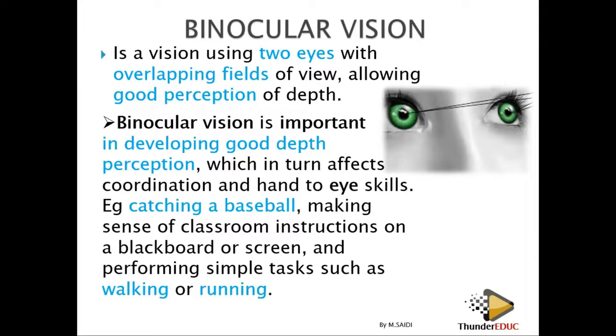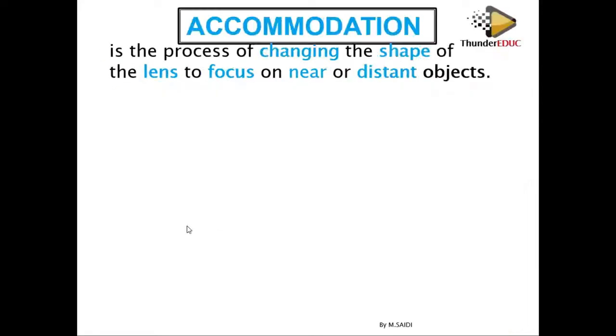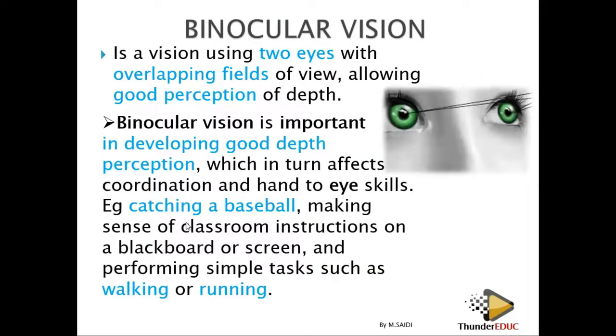If you use two eyes, you can judge the actual distance, for example when catching a basketball, making sense of classroom instruction on the blackboard or screen, and performing simple tasks such as walking and running. So a person who has two eyes is more advantageous. So that is binocular vision.